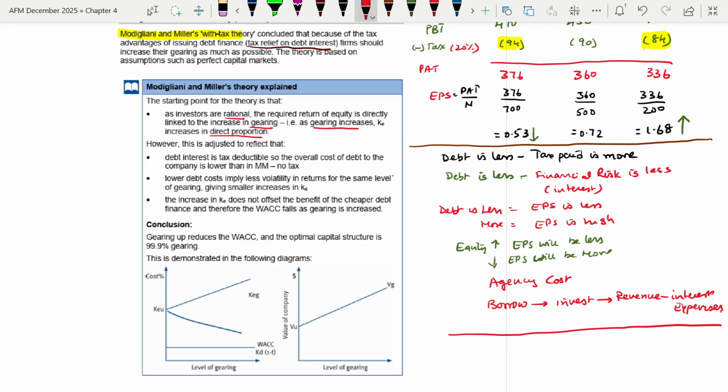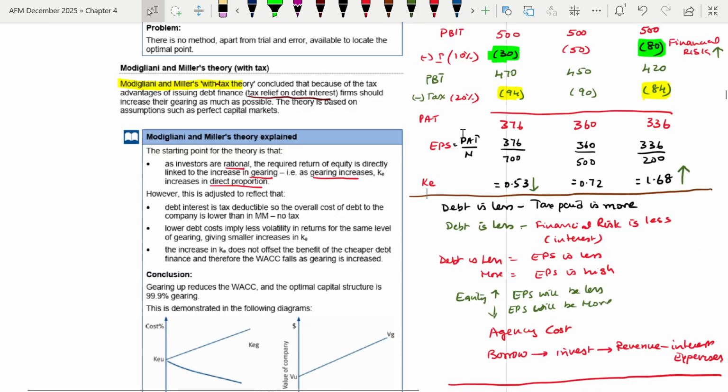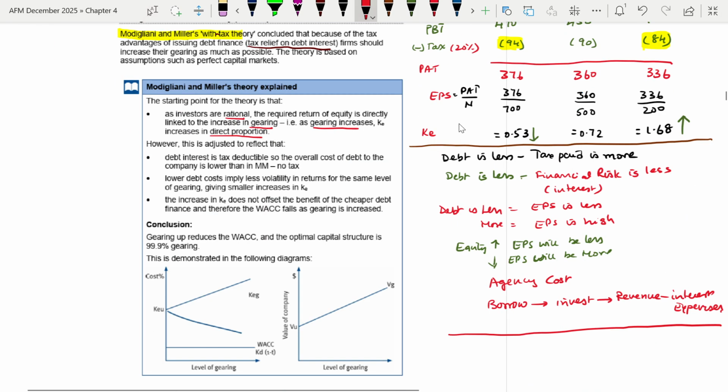Just for our assumption, think of it as the cost of equity, not EPS. If the gearing increases, your EPS is also increasing. The cost of equity, you have to pay more. What is given in the statement, you relate to the numbers, it will be 200% compatible.